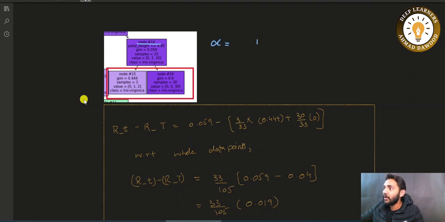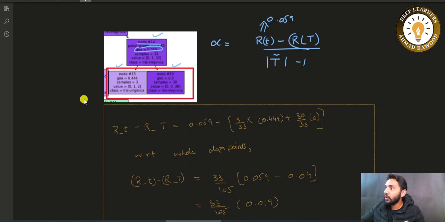We know the alpha value has that formulation. If we consider node number 14 as a root node, there are two terminal nodes of that root node, so we can easily calculate. Here the Gini impurity of the root node is 0.059.